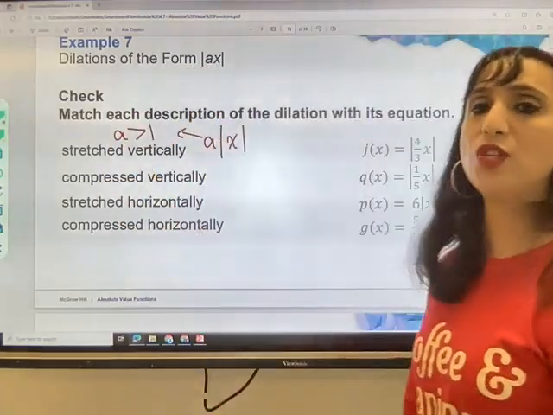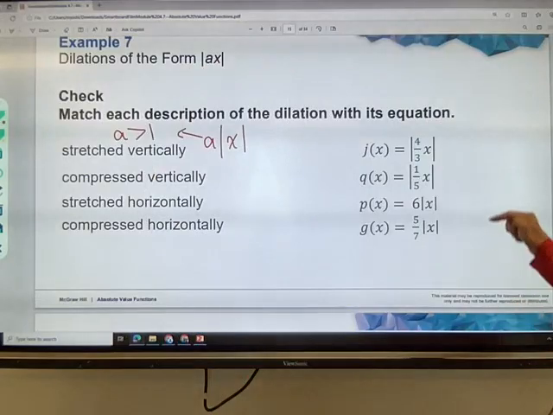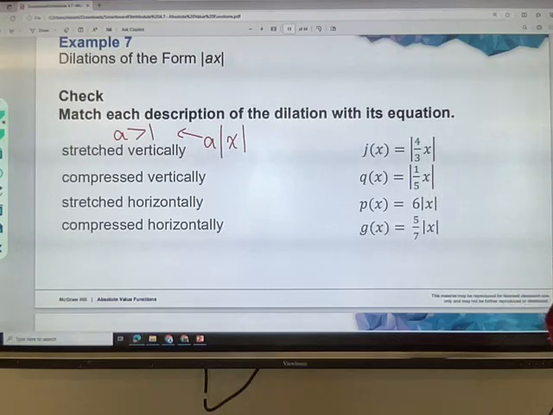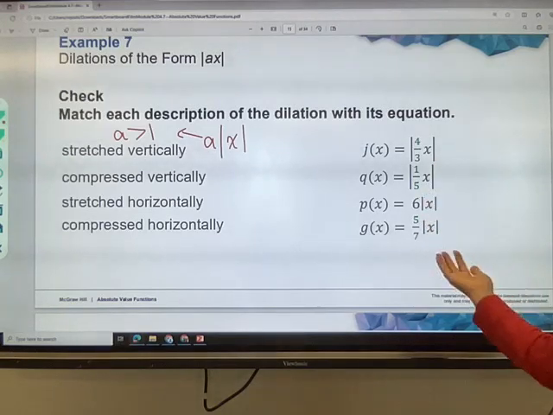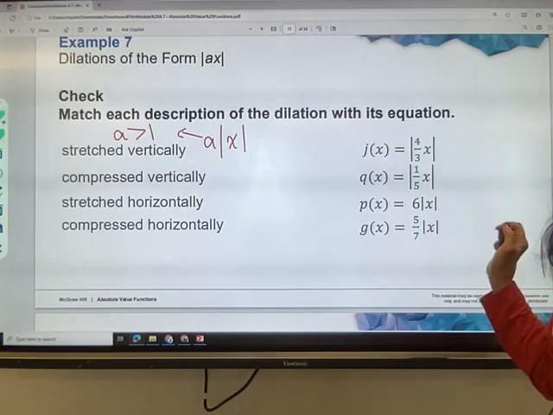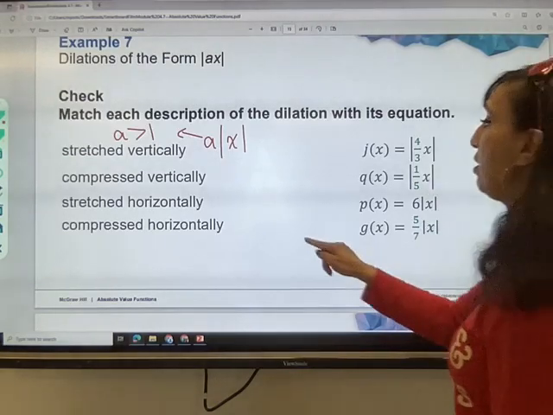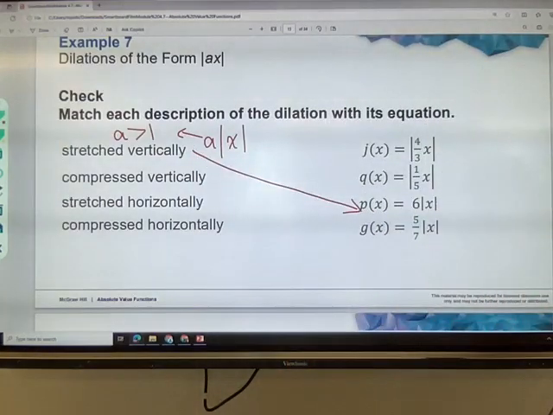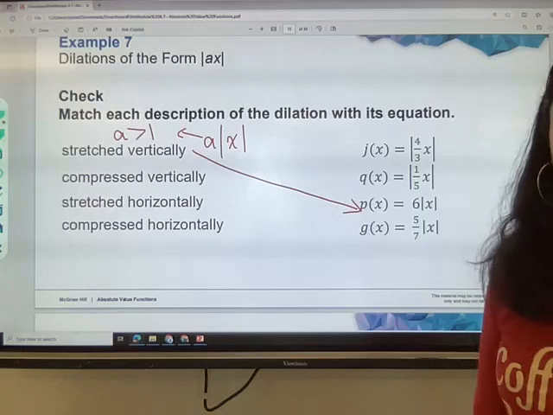So let's see which one relates to this one. No, this is inside, this is inside. So these are horizontal. These two are vertical because they are on the outside. Now, since it has to be greater than 1 for stretched vertically, here is my answer: P of x is equal to 6 of x.